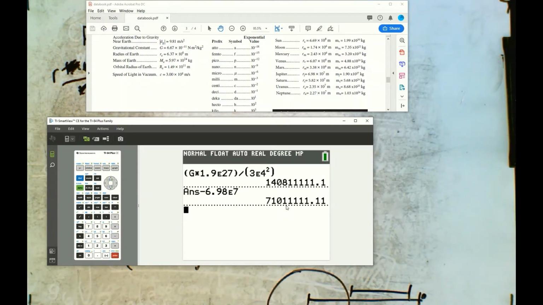And then this is what we get as our altitude. So we get 7.10 times 10 to the 7 meters. And that's our final answer.